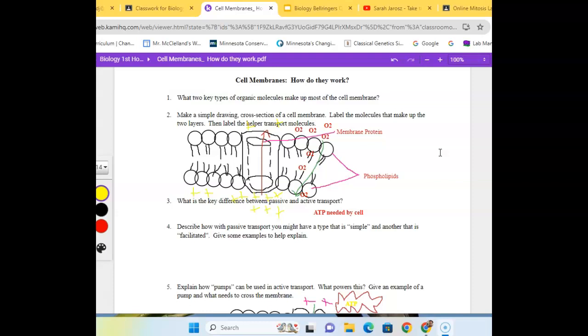So passive transport means the molecules go in and out of the cell based on their own energy, not the cell's energy. One typical type of passive transport is called diffusion, and I'm showing you an example on this diagram. These little pluses are maybe dissolved substances that need to get into or out of the cell.